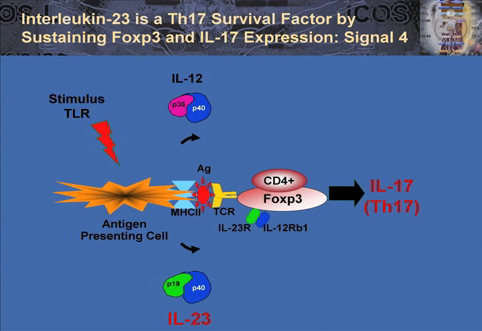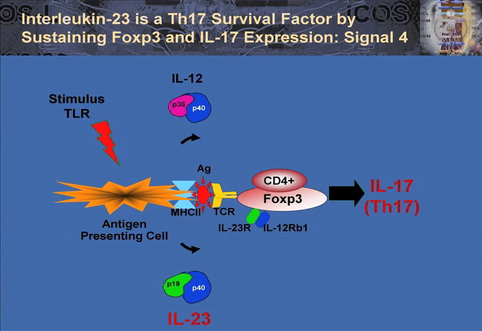Interleukin-23 is a heterodimeric cytokine that shares a common p40 subunit with the cytokine IL-12 that you heard about as being a requisite factor for Th1 development, and IL-23 has a unique p19 subunit. IL-23 is a Th17 survival factor.